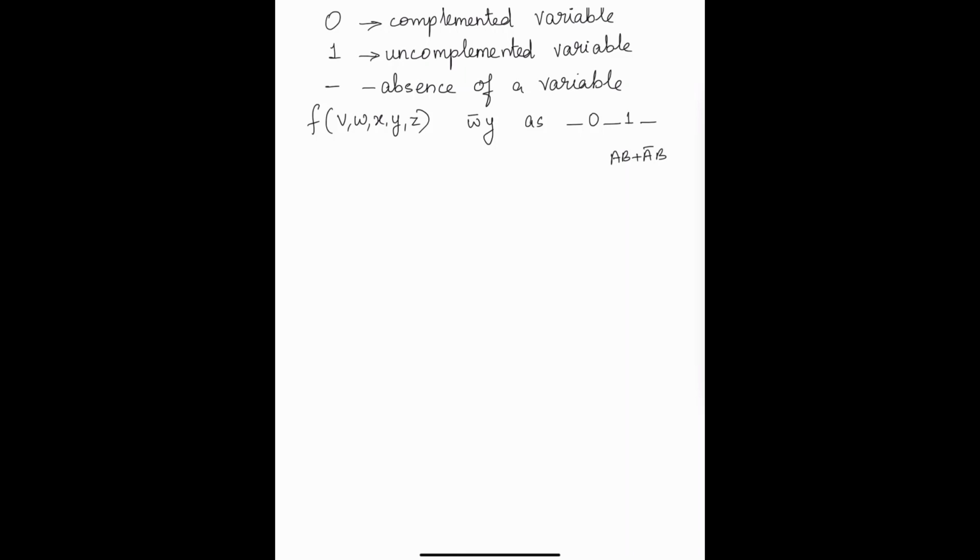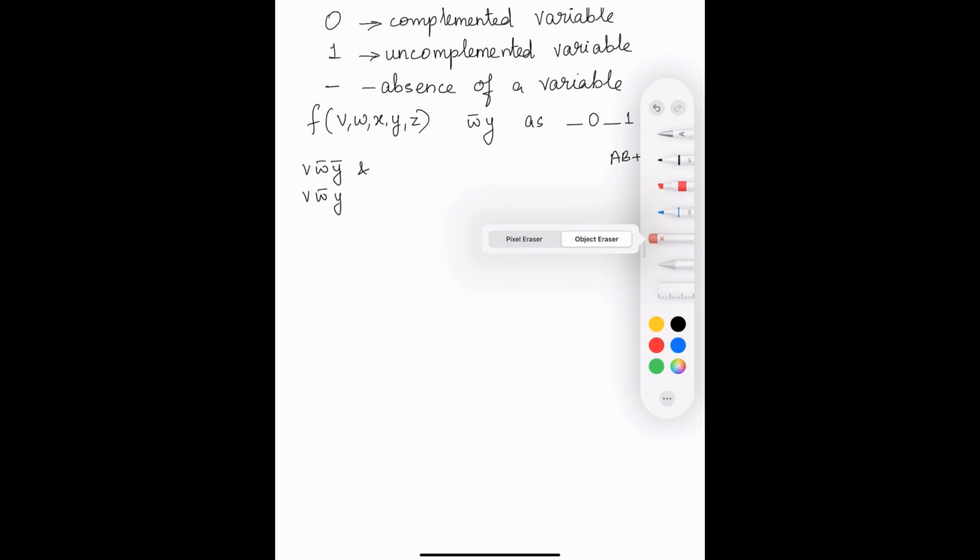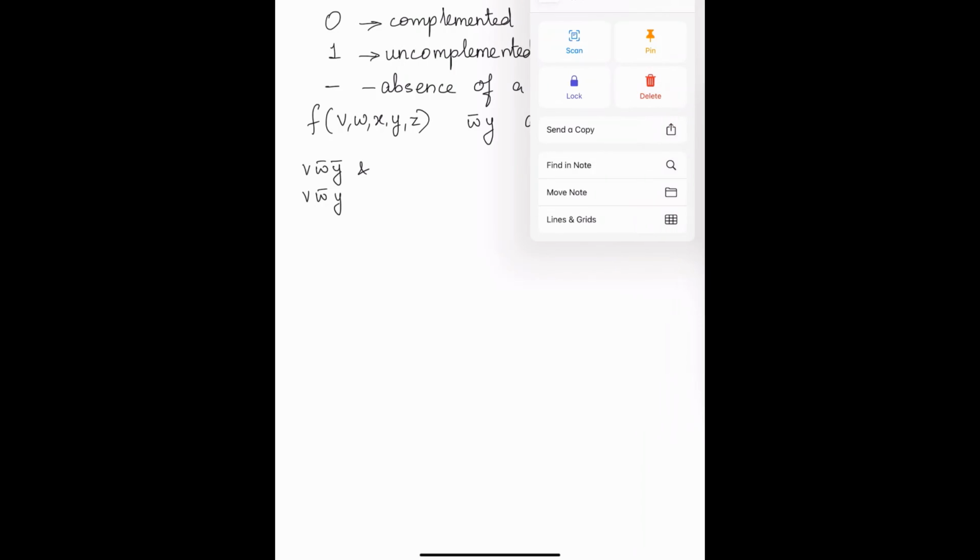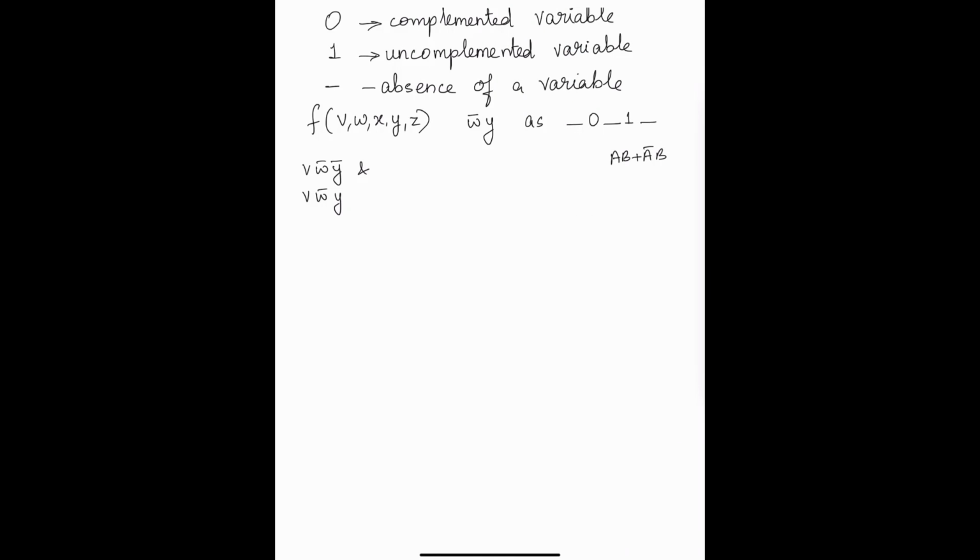So considering the terms v w bar y bar and v w y bar, when we combine these two, you can see here that only one variable is changing, that is y and y bar.